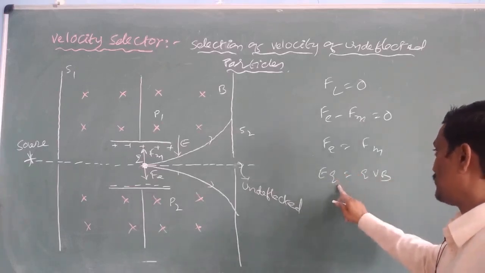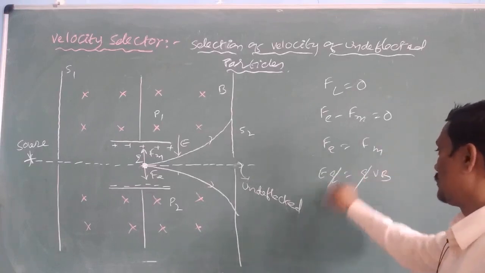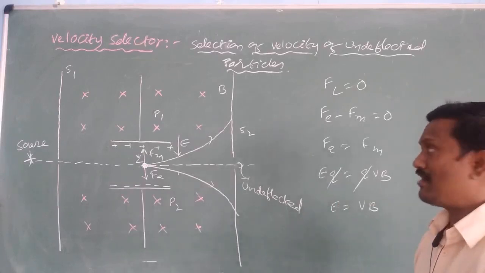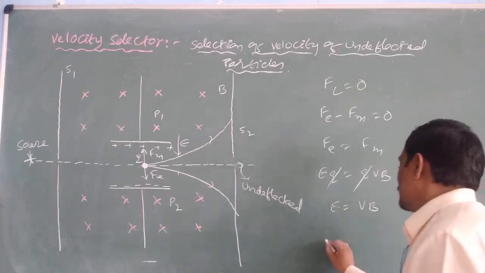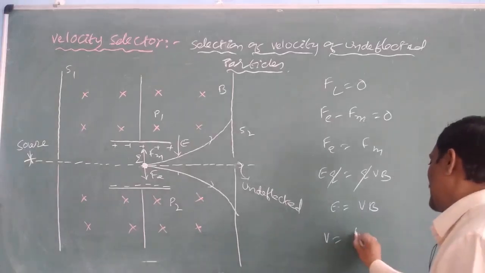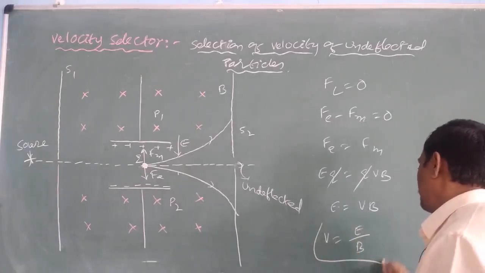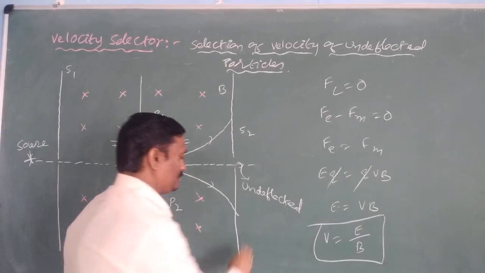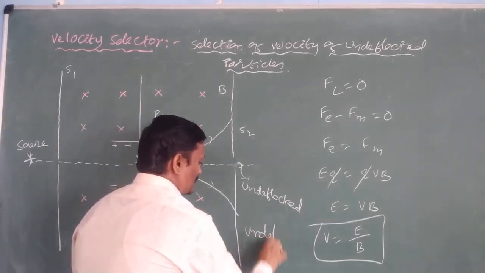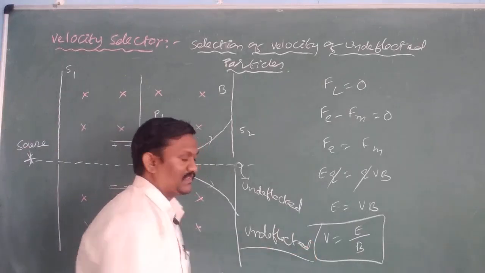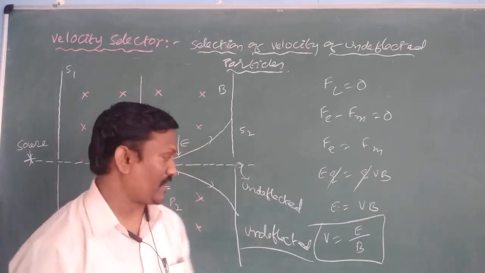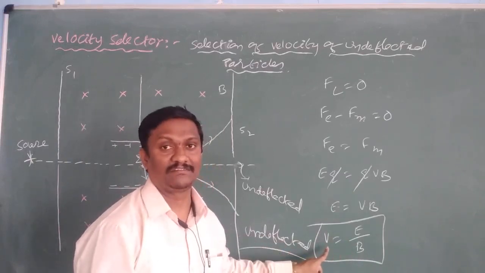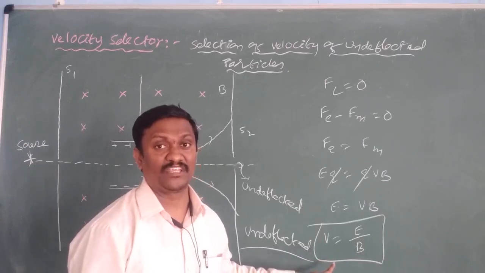Equating the expressions, q cancels, so E is equal to vB. But we have to find the velocity of undeflected particles, so the velocity of undeflected particles v is equal to E by B. The ratio of the strength of electric field and strength of magnetic field is called the velocity: v is equal to E by B.